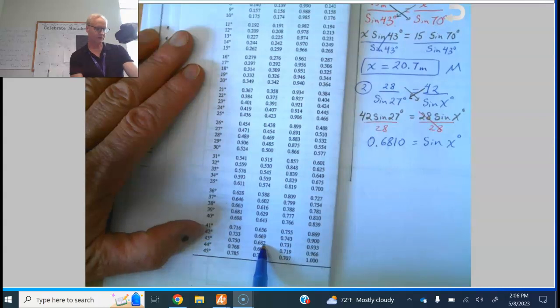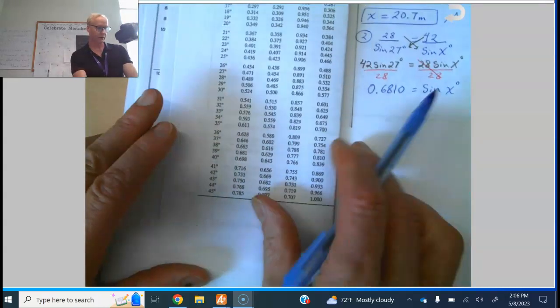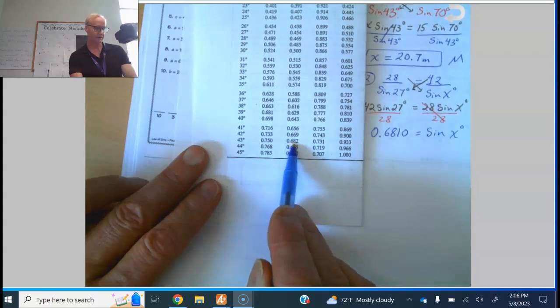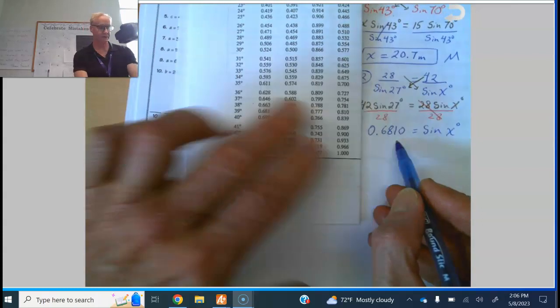Looks like it's almost exactly 0.682. I don't know if you can see it very well, but I'm looking for this, and what I got was 0.682, which is 43 degrees. Really close to 43 degrees.